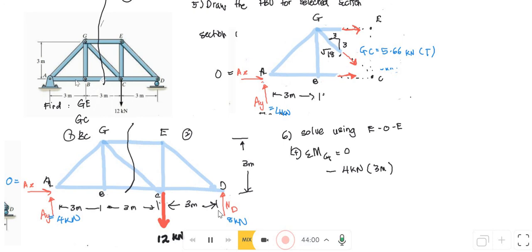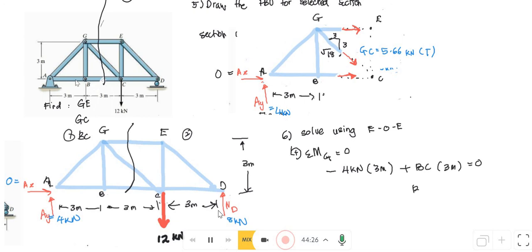Okay, we continue with finding BC. So BC, counterclockwise is positive. We have BC, right? Then point G, so it's also 3. There you go, you get the same thing, equal to 0.